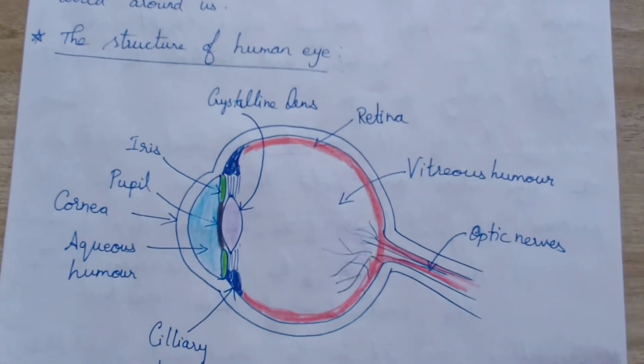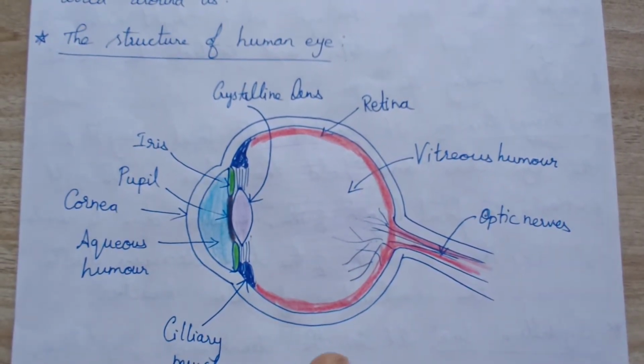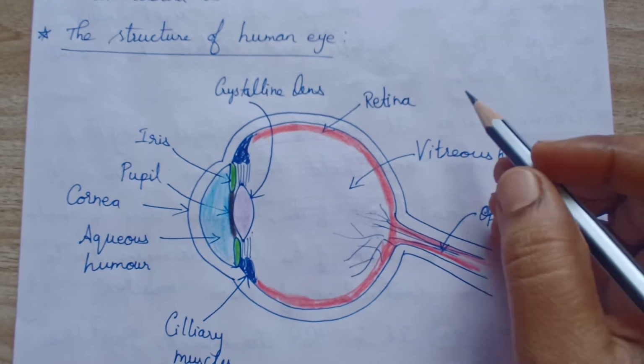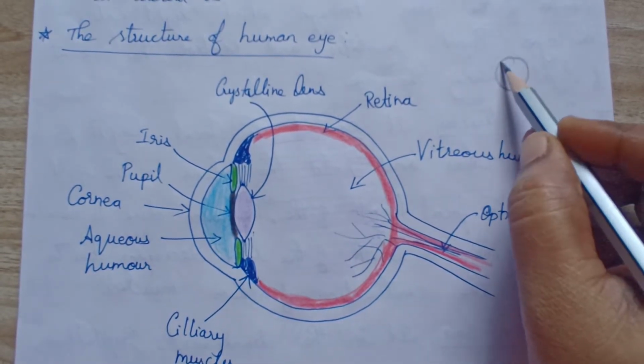So this is the cross section of the eye. Usually the structure of the eye is spherical in shape, a spherical ball-like structure.